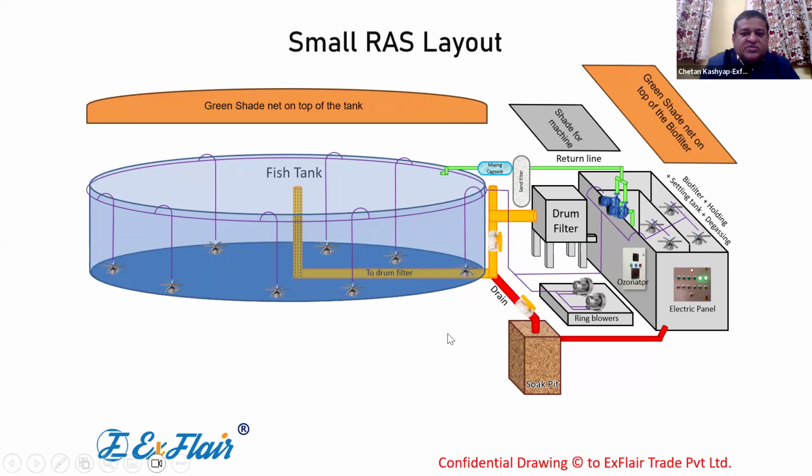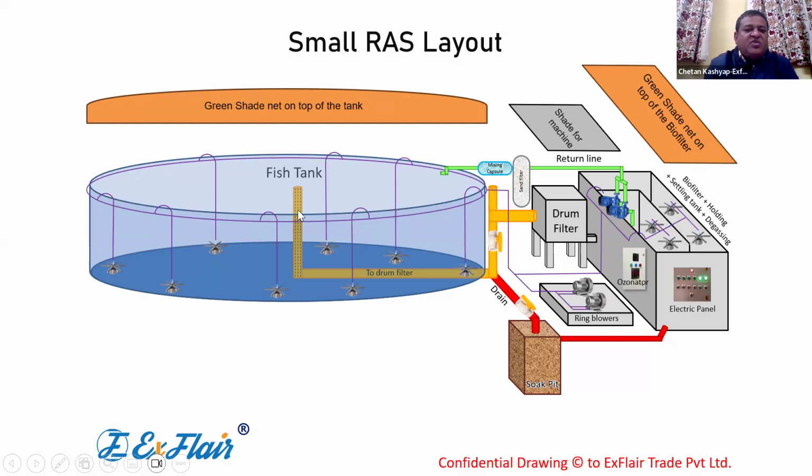Okay, now I am explaining this through a diagram. Whatever I spoke earlier, I'm revising through a visual diagram so that it is easy to understand. In case of an RAS, this is a fish tank. Okay, and then you have this central pipe.